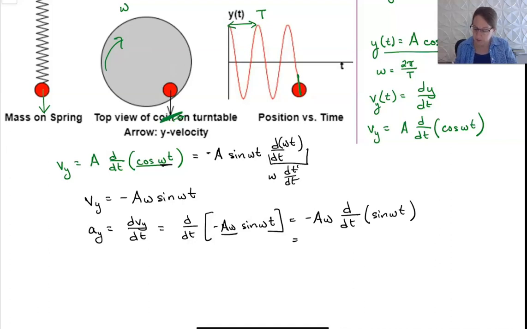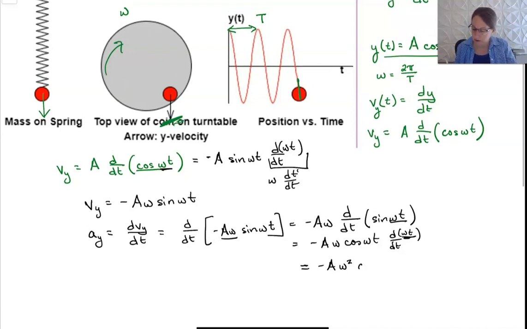Take the derivative of sine, that gives me a omega cosine omega t, and then I've got to take the derivative of the inside, d by dt of omega t. And so that's going to give me minus a omega. Then I get another omega out of this derivative, so omega squared cosine omega t. So that's my acceleration.